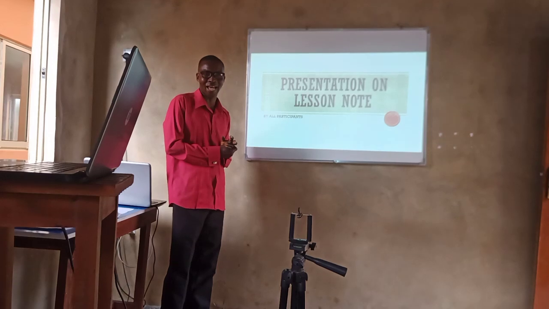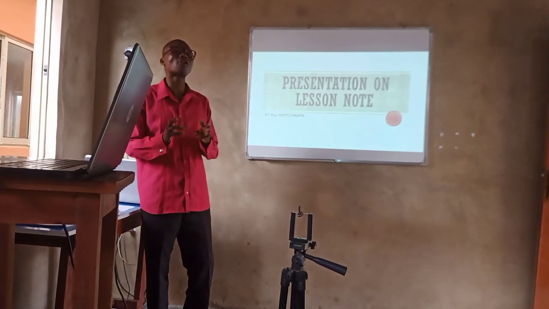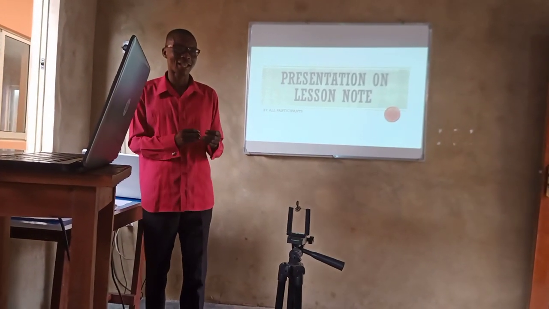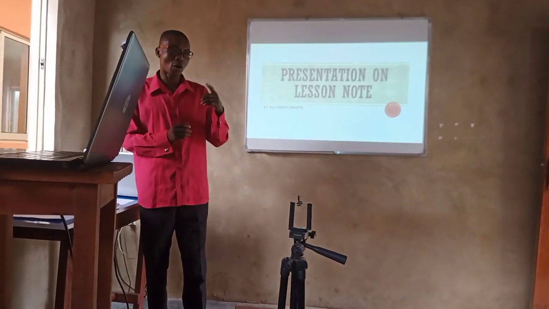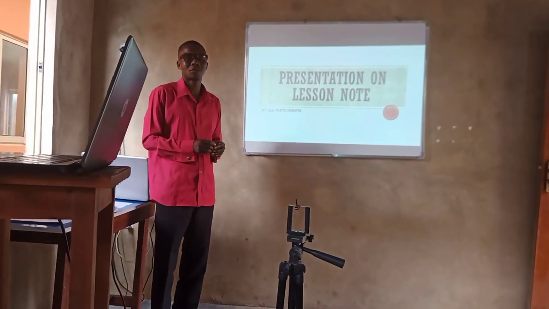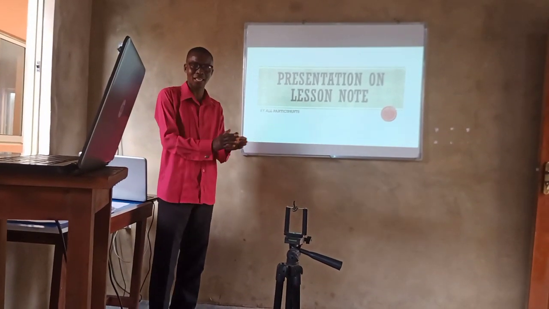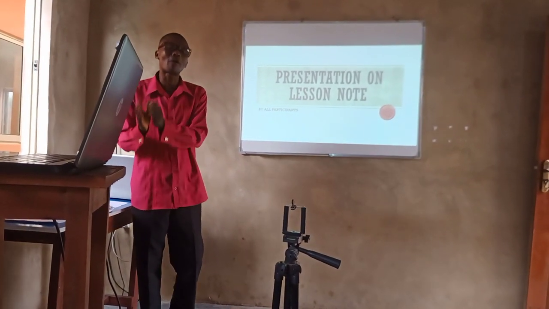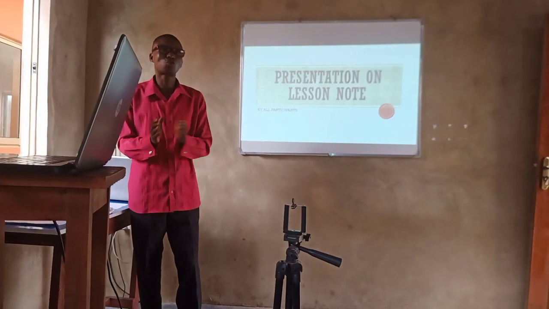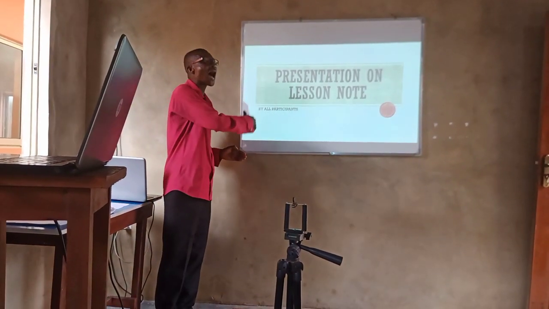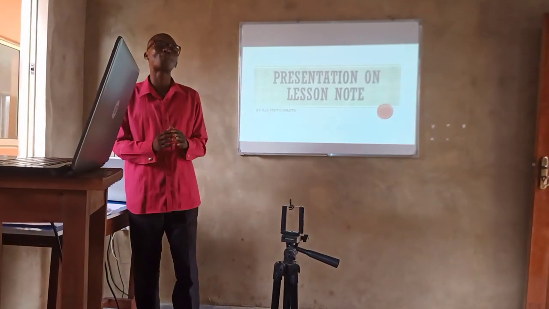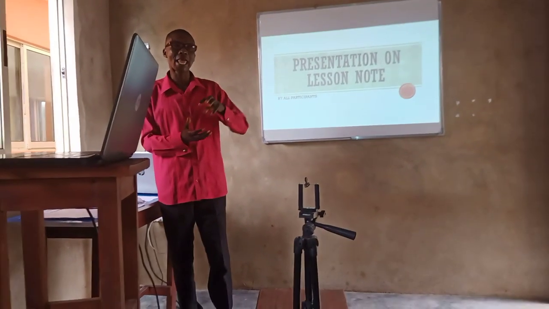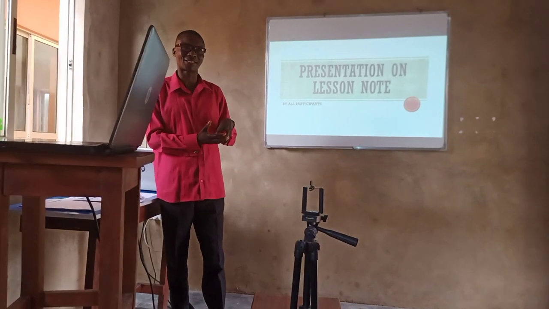What do I mean by that? It is a kind of composition whereby a writer, as you are to be one now, is writing on a particular something, describing how the thing looks. For such work to be a descriptive work, it must contain certain things.